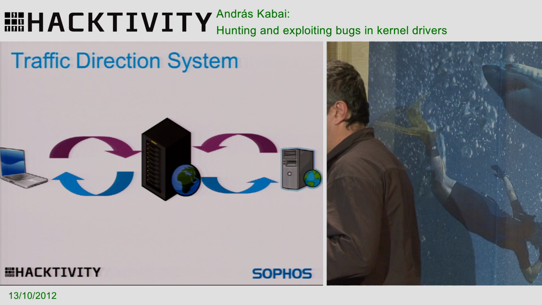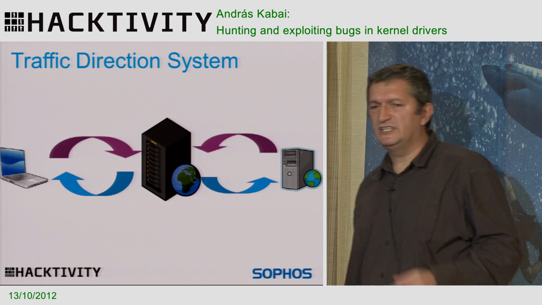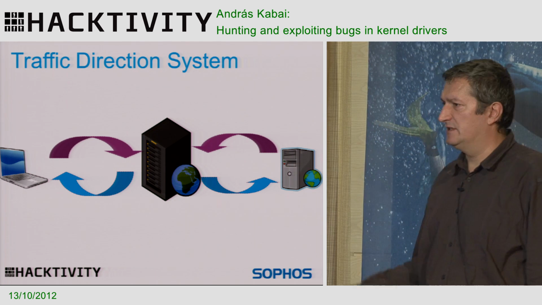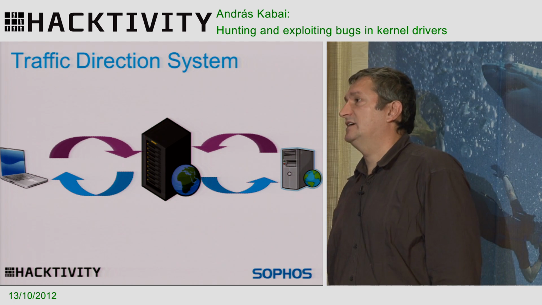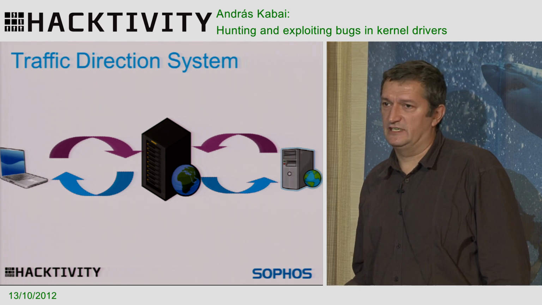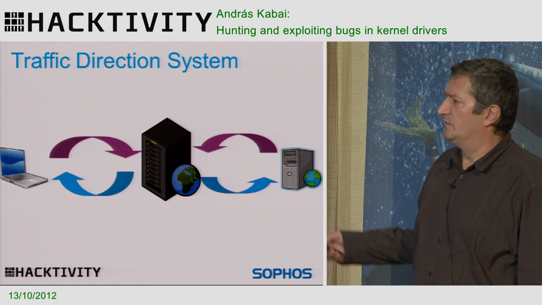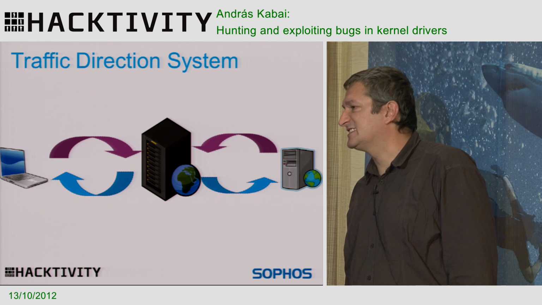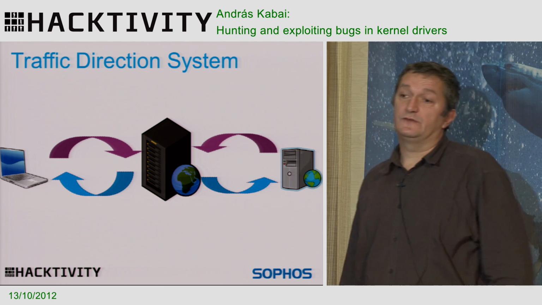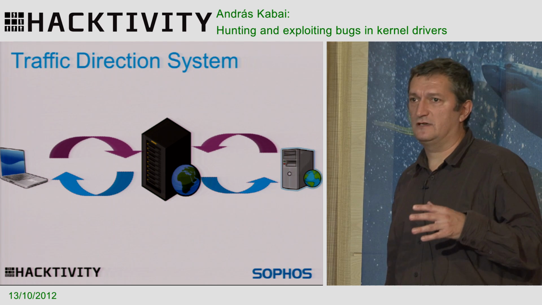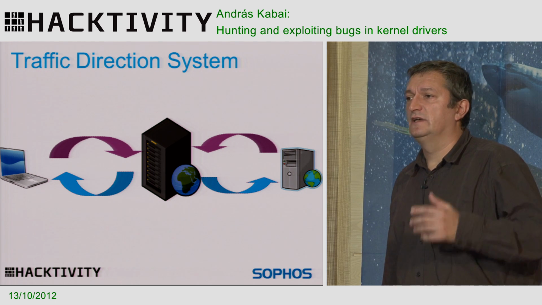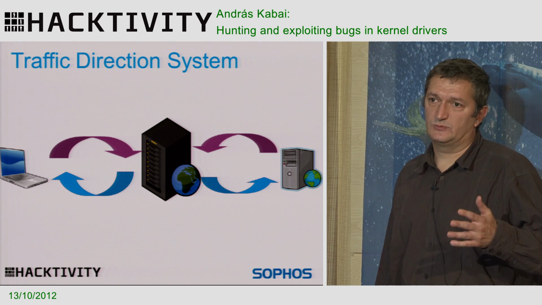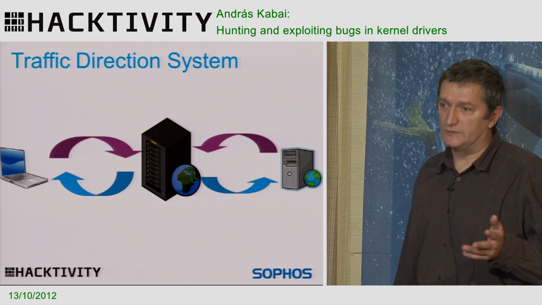So if a couple of years ago, you could hear general advice that you should not use Internet Explorer, use any other alternative browser, because Internet Explorer is the number one target when it comes to exploiting a browser vulnerability. So if the malware authors and attackers are aiming at the most prevalent browser, and this will be Internet Explorer, if you're not using it, then you are not prone to these attacks.